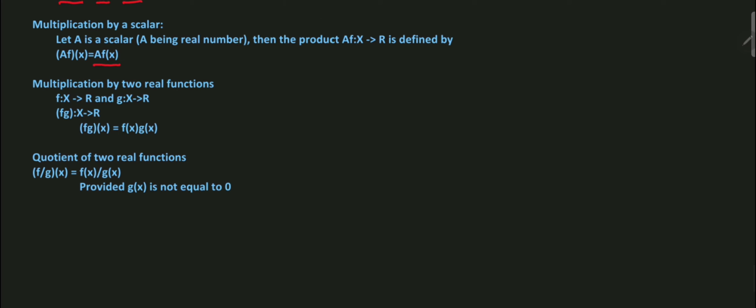Multiplication of two real functions: let's say f from x to r and g from x to r, then the multiplication f into g of x is equal to f of x into g of x. It's just straightforward, nothing complex here. Then the quotient of two real functions, f by g of x is equal to f of x by g of x, provided g of x is not equal to 0. Just a simple division to find a quotient.